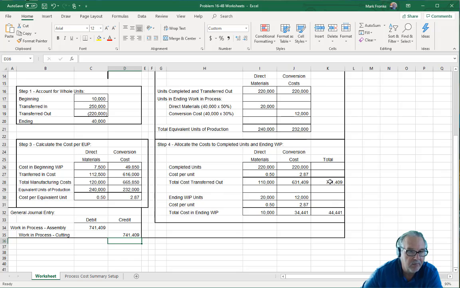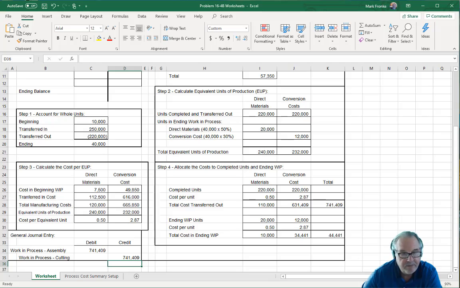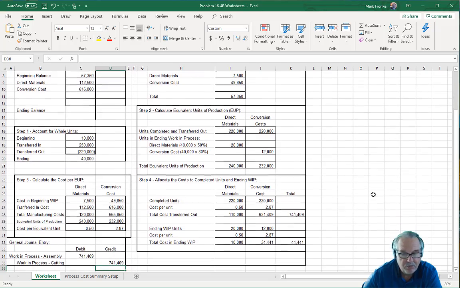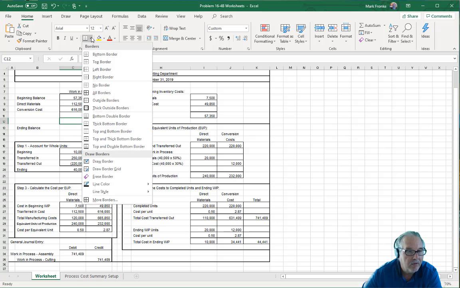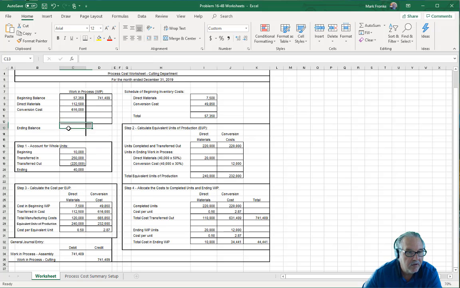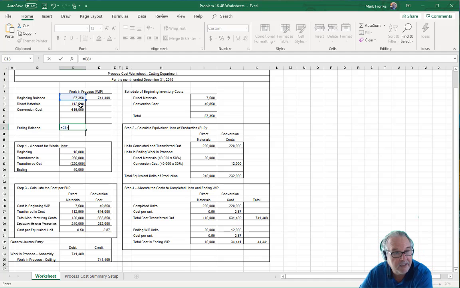Now, the good thing about this is I can post this. Let me make this smaller, and I know it's small, but it's okay. If I post that journal entry, which is the credit to this work in process account, and then balance out the T account, I should end up with a debit balance. This is an inventory account.